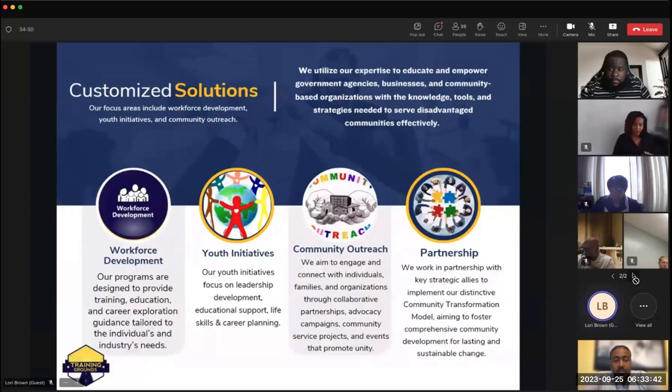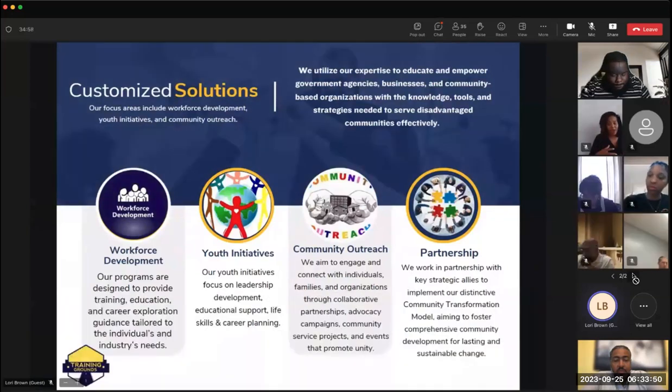And the path that we have paved and the information that we have collected and in some cases refined, we package all of that into opportunity to educate, to empower, and to assist government agencies, businesses, other community-based organizations. We have partnerships in the faith-based sector, and we help to equip them with knowledge, tools, and strategies that we have found to be super successful in engaging underloved individuals inside of the communities that we have served.